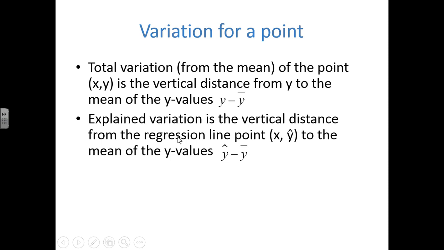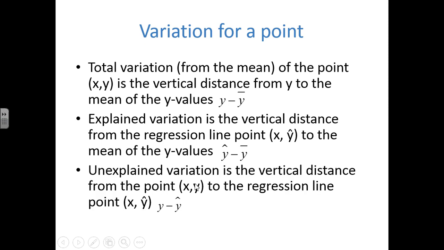Now remember, whenever you're doing the regression line, all the points on the regression line are x, the predictor variable, and your predicted value for y, or your y hat. So the difference between the y hat and the mean of the y values is known as the explained variation.